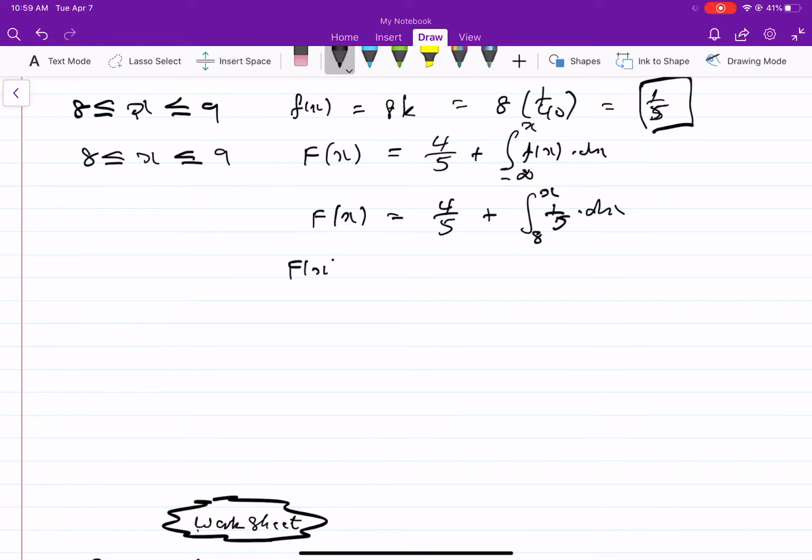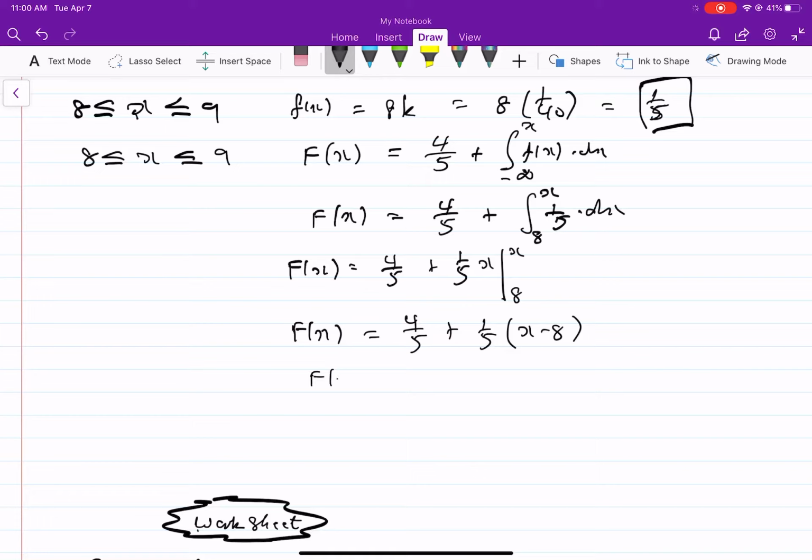Big F of x is equal to 4/5 plus, when I integrate 1/5, I get 1/5 x. And I'm evaluating that between 8 and x. Big F of x is equal to 4/5 plus 1/5 into x minus 8.